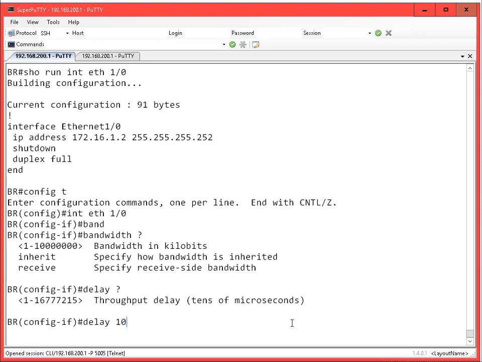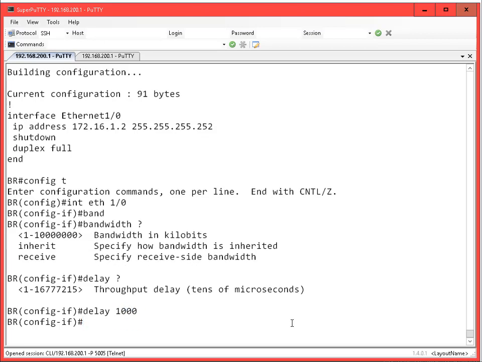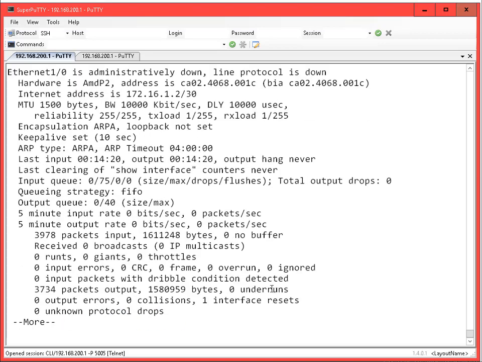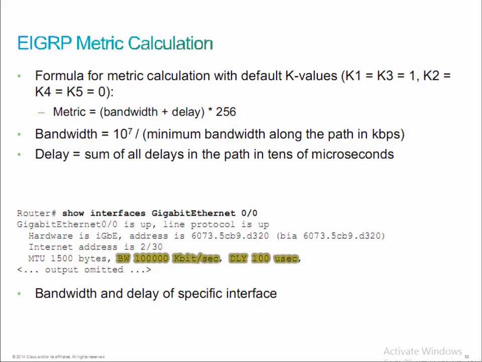So if I set a delay of 1,000, I do a show interface Ethernet 1.0, I actually set the delay to 10,000. So just keep that in mind. When you're setting the delay, you're actually setting it in tens of microseconds, not microseconds. All right. Show interface allows us to see that information.